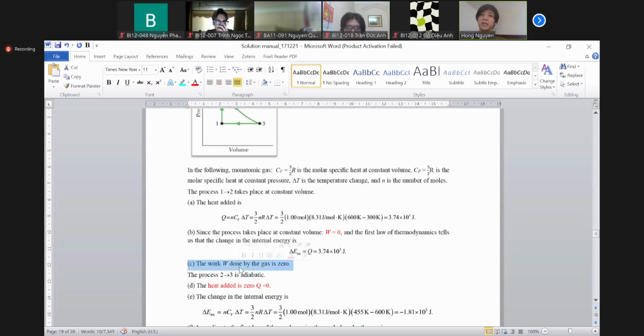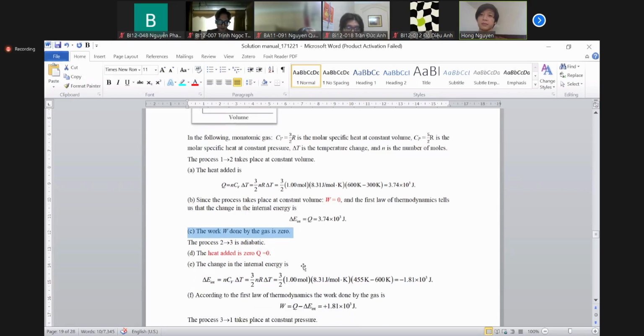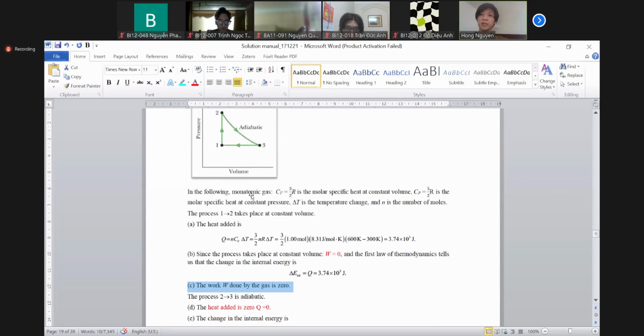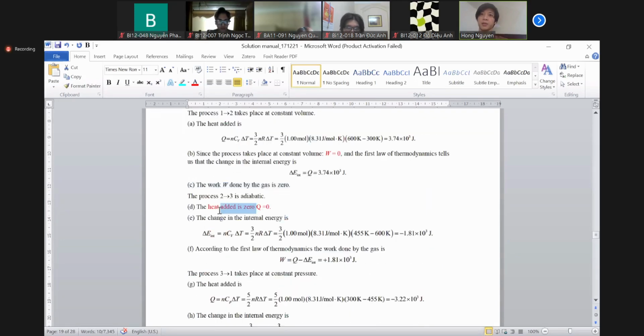So this is B and C also. The process 2 to 3, we have an adiabatic process, then the heat is 0. Good. And the change in the internal energy is NCV delta T.